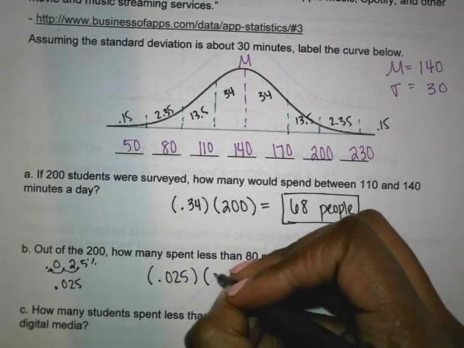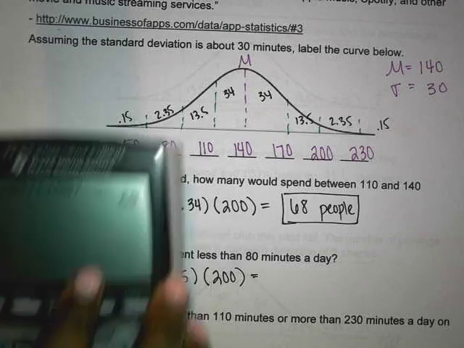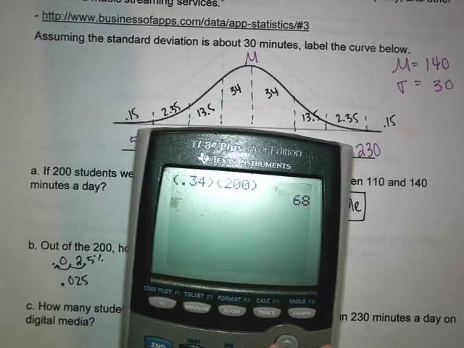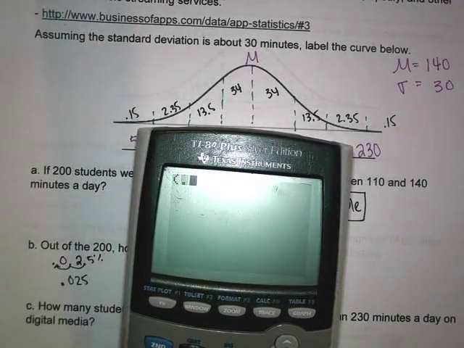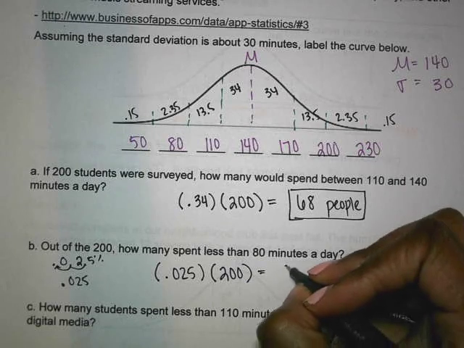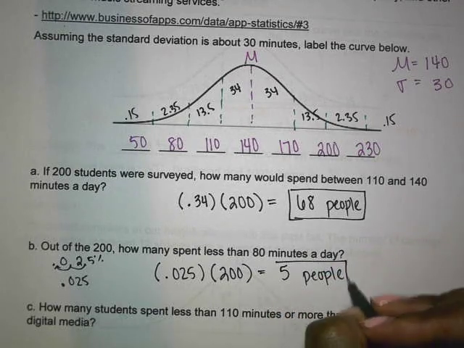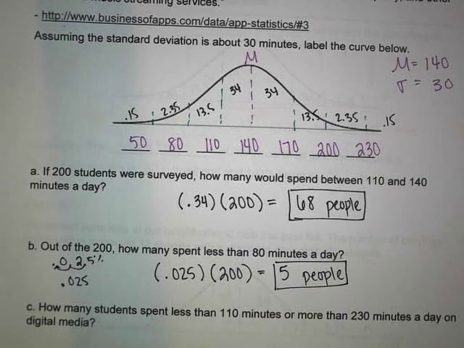And then we're going to multiply that by 200. And that gives us 5. 5 people spent less than 80 minutes out of the 200.